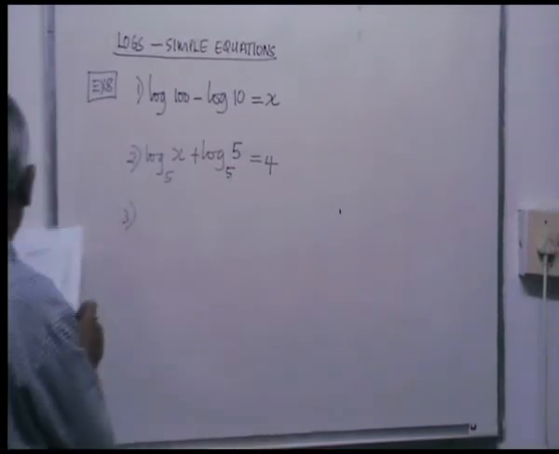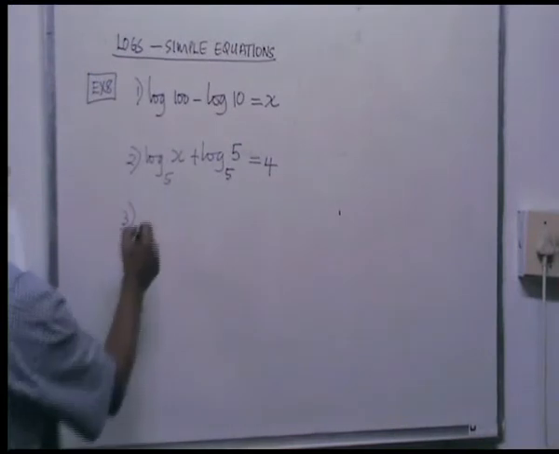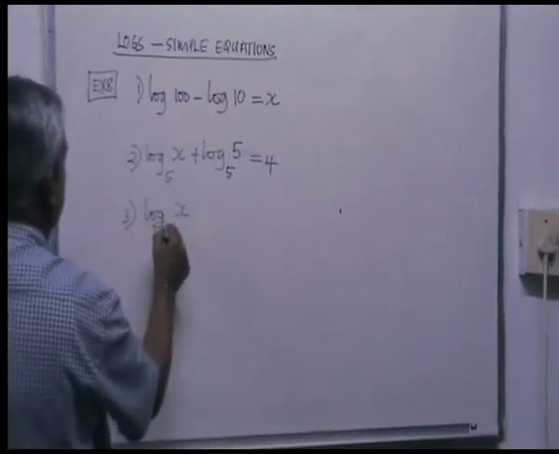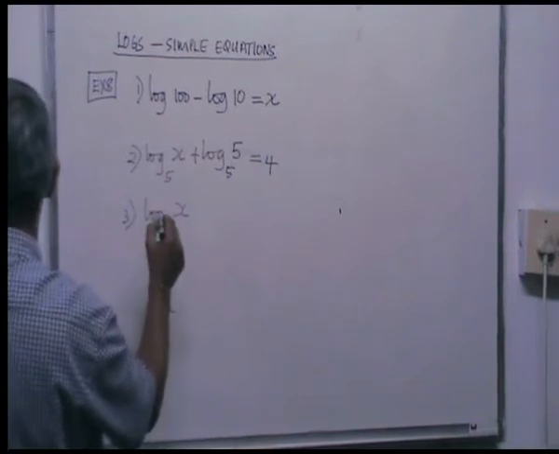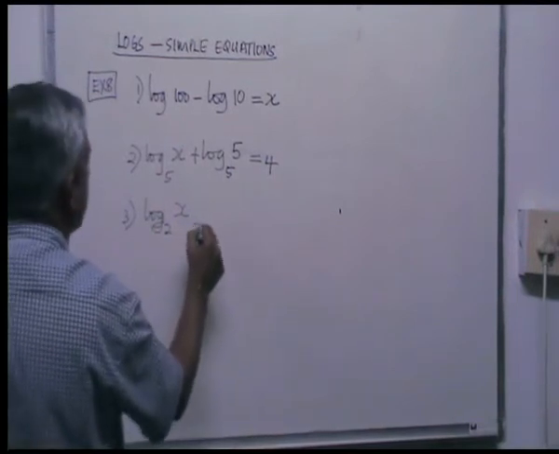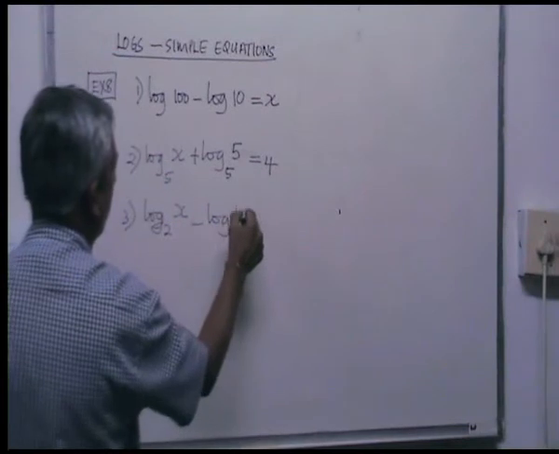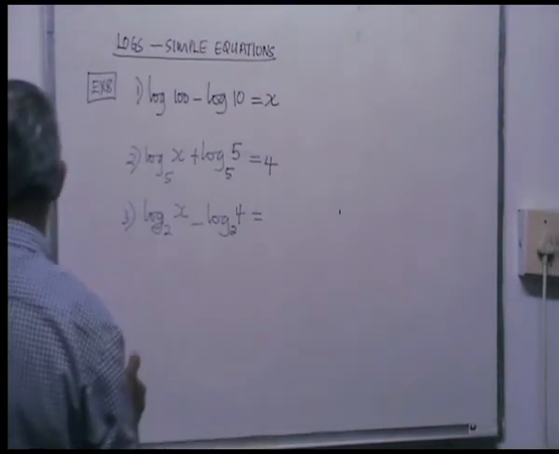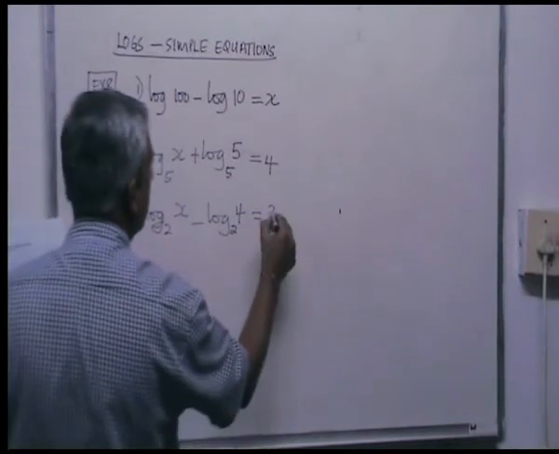Number 3: log of x to the base 2 minus log of 4 to the base 2 is equal to 32.